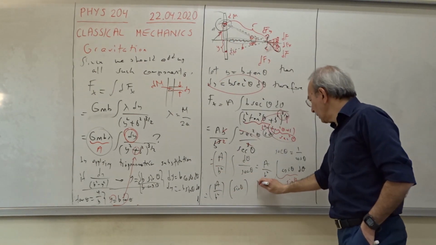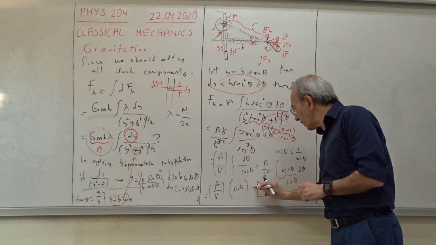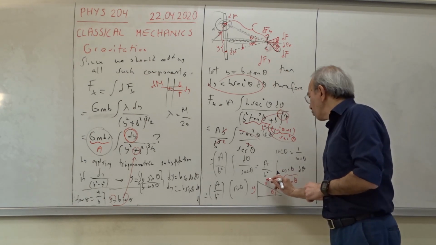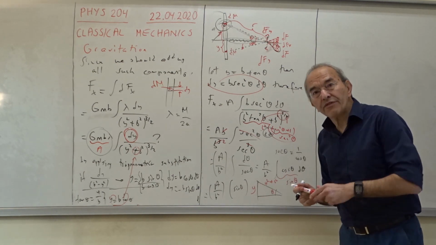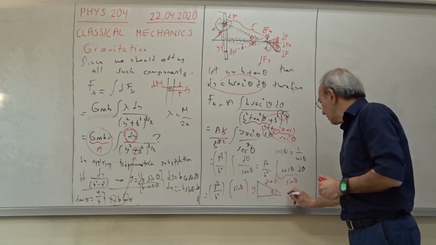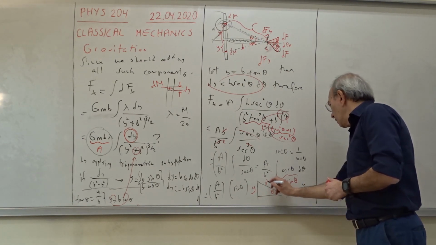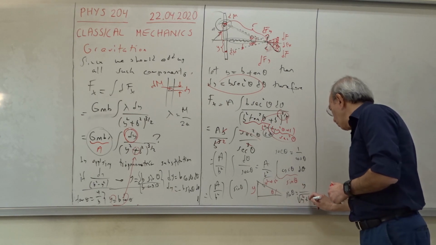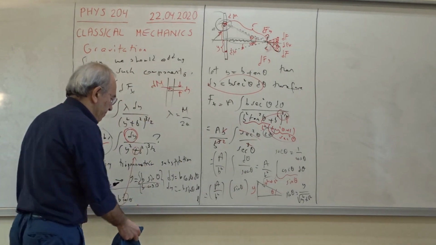In this triangle, this was the angle theta, that was the side y, and this was the square root of y squared plus b squared. Sine theta in this triangle that we have been using is y over the square root of y squared plus b squared.